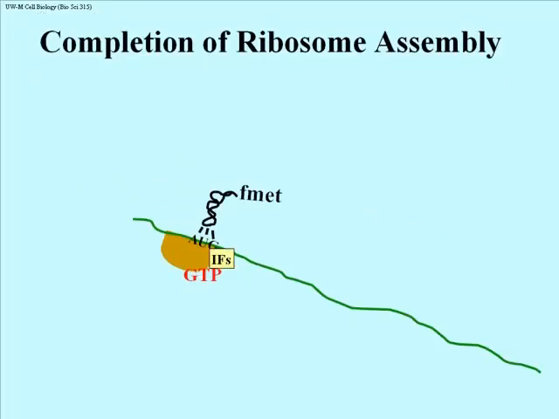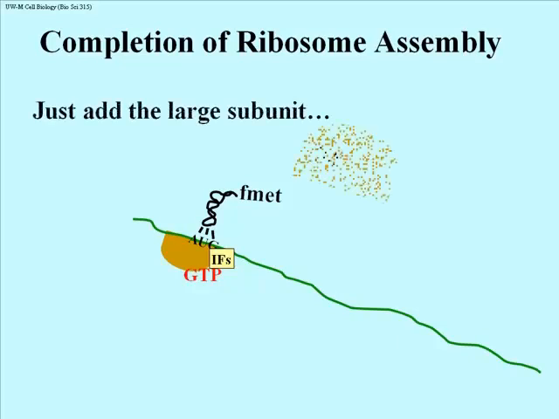Now let's look at the completion of the assembly of a ribosome. Let's finish assembling this ribosome. Well, it turns out it's very easy. Now, just add the 50S subunit, and this sort of thing was done in test tubes in step-by-step fashion. All of these things I'm showing you were extremely elegant molecular experiments in which different parts of the cell had been isolated, kept in separate tubes, and then the order of events established by carefully adding one thing to another and then tracking changes.